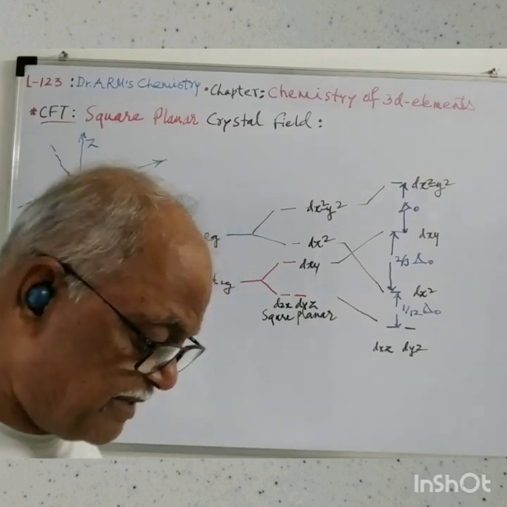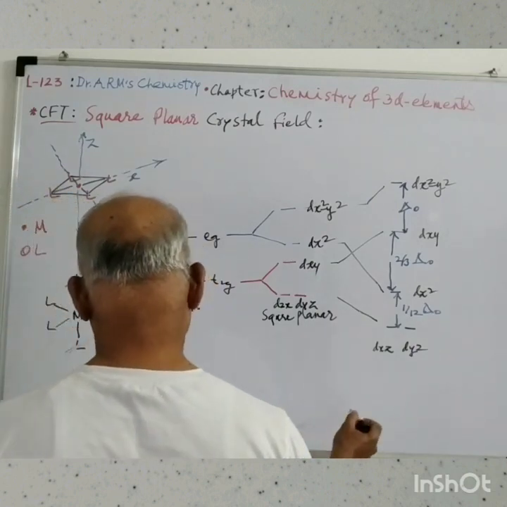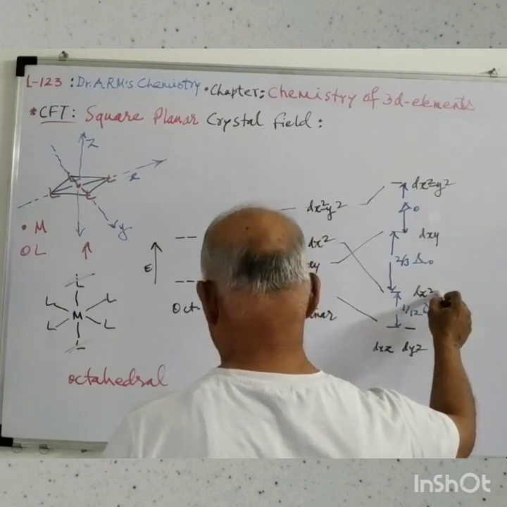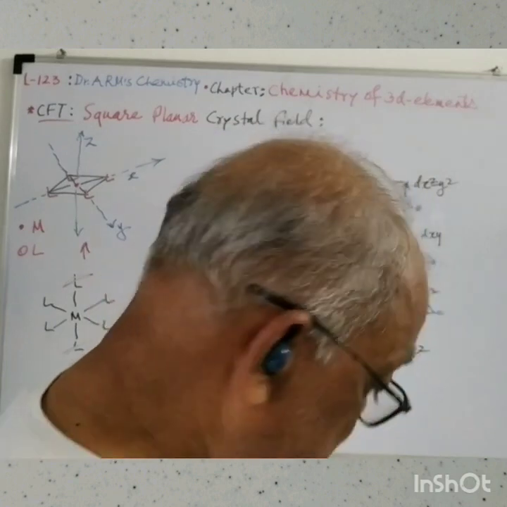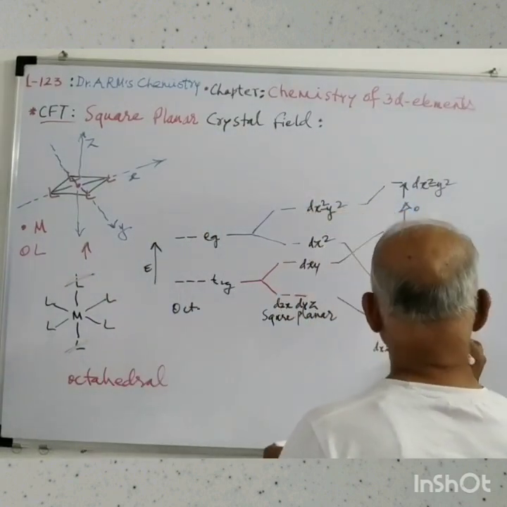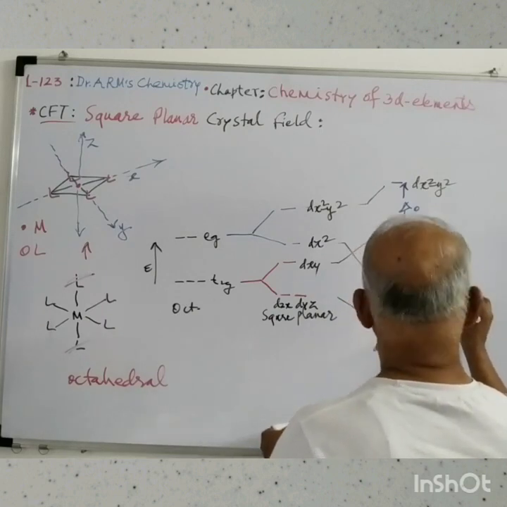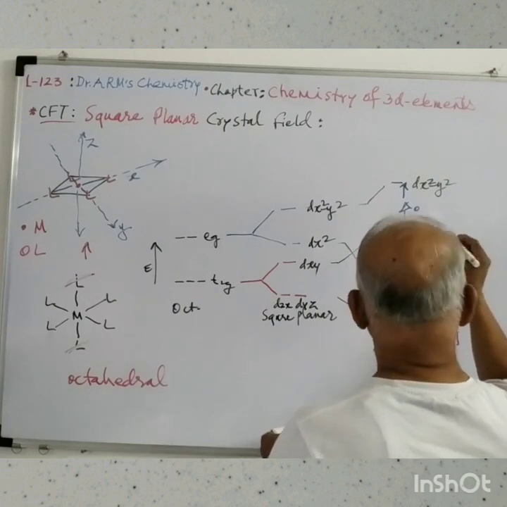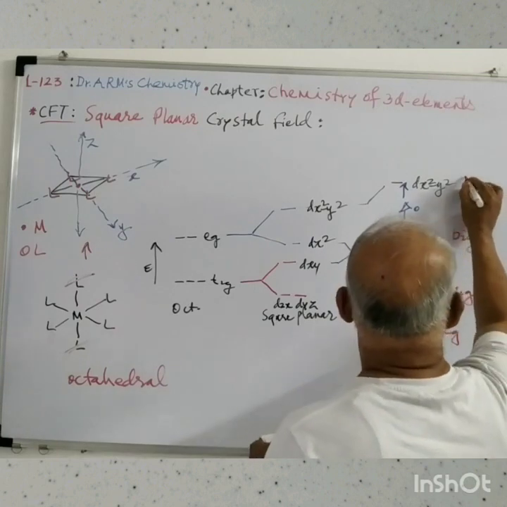Now if we see the symmetry of these orbitals, we can show this as Eg symmetry. This has A1g symmetry, this has B2g symmetry, and this has B1g symmetry.